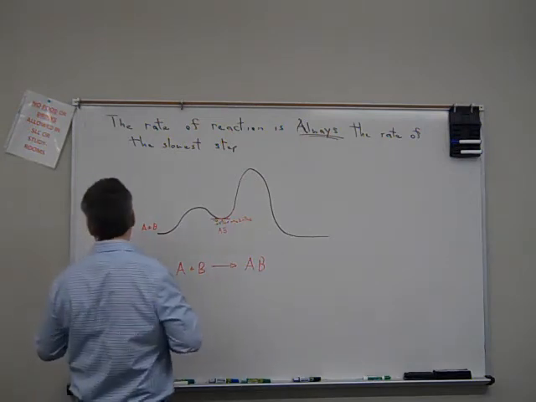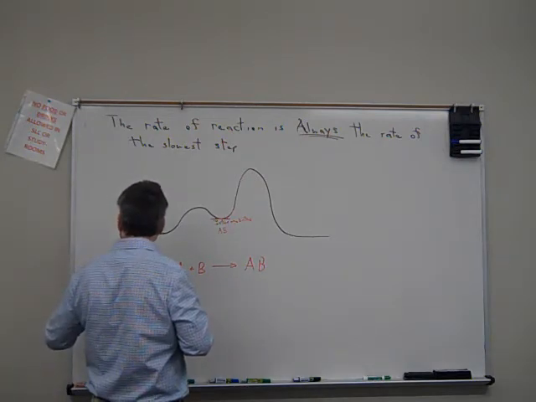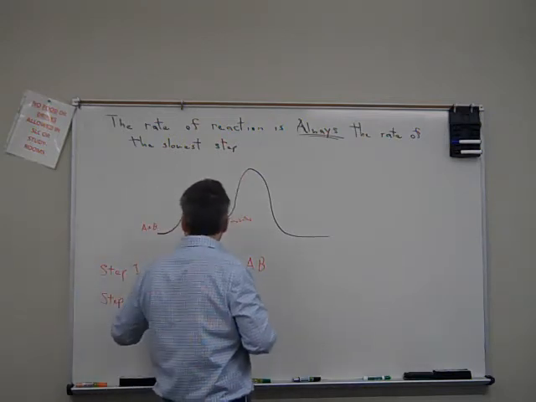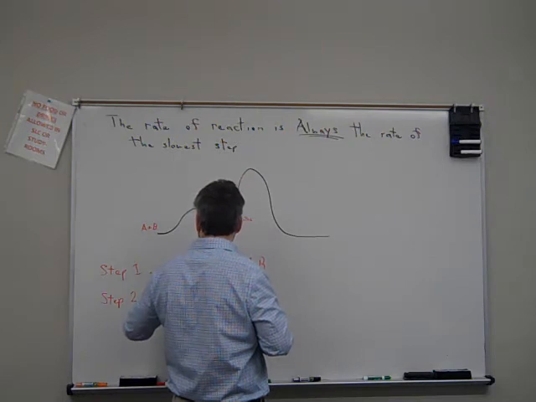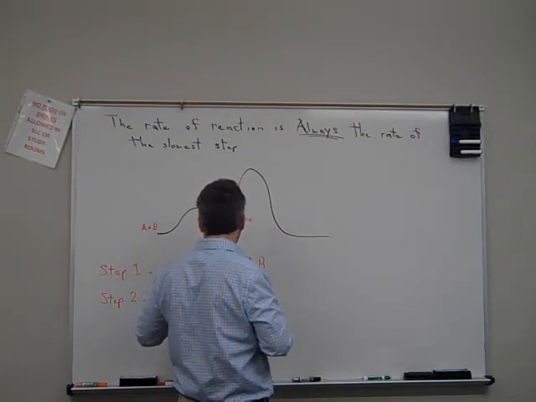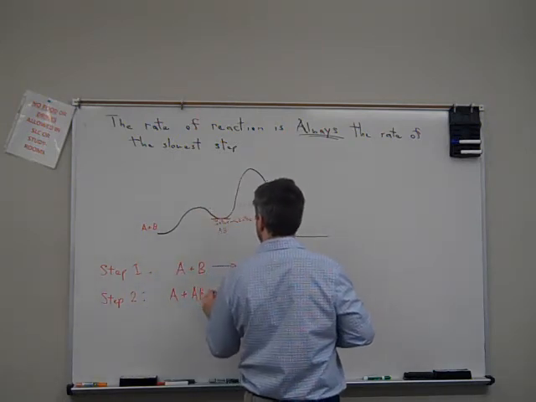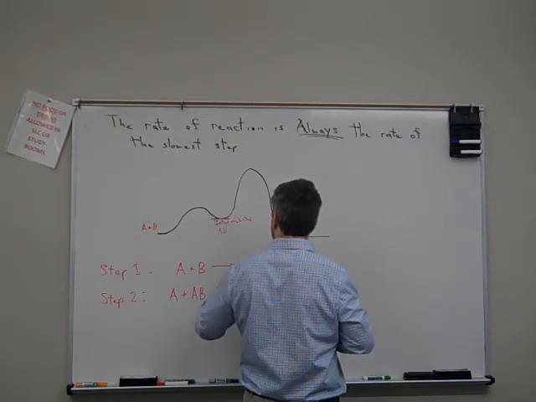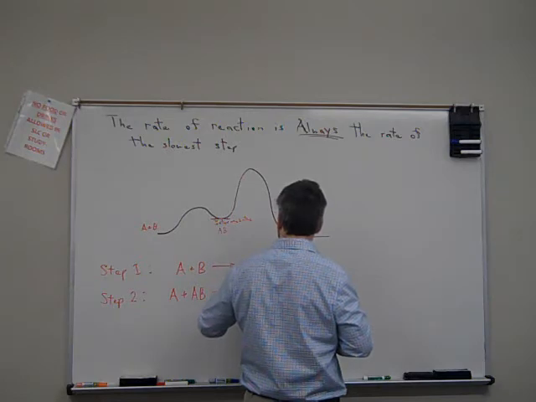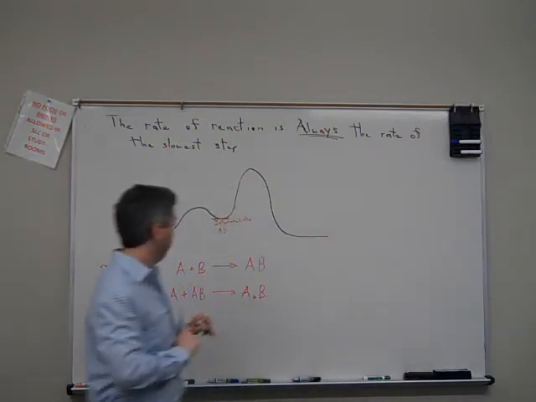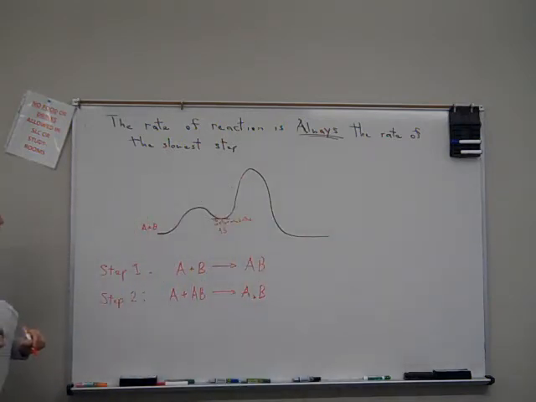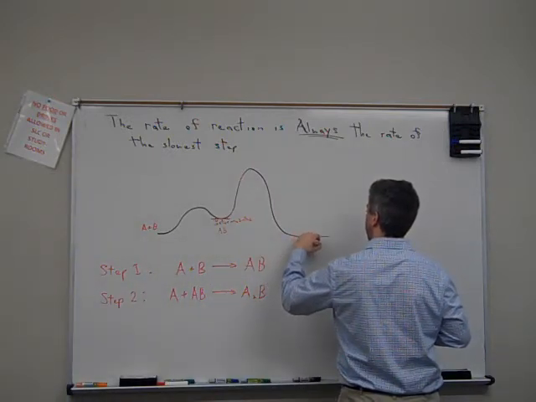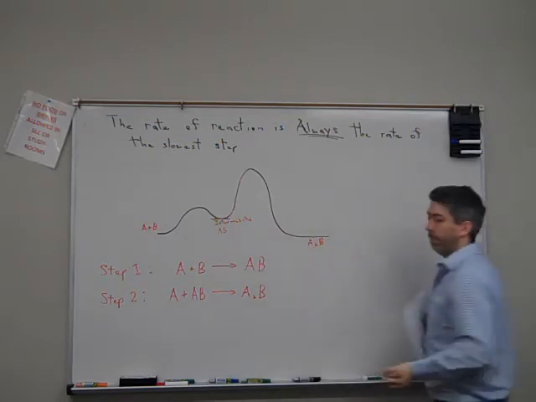Step 2 then happens, and I have A react with AB to form A2B. Okay? So my final product here is A2B.